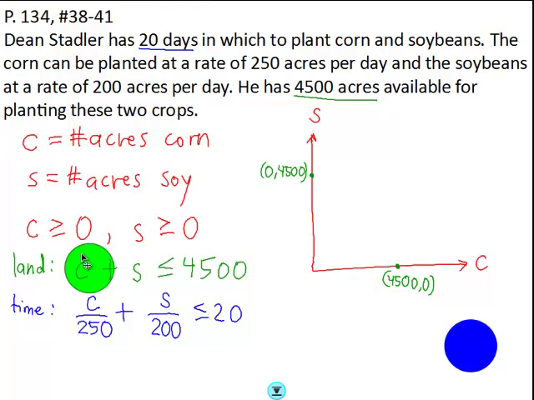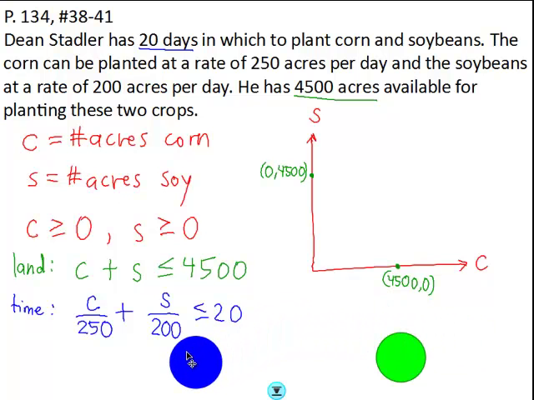Now we need to consider the more difficult question of how much can I plant if I only plant corn. As far as time, I have to consider this constraint as well. So first I want to know how much corn can I plant. I cover up the soybeans, and then I have C over 250 equals 20.